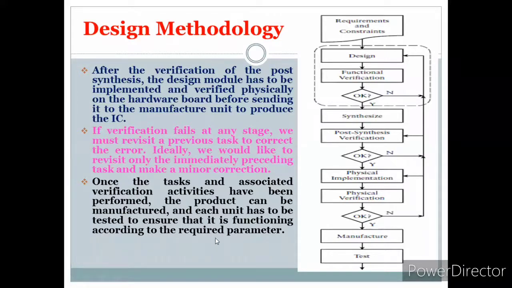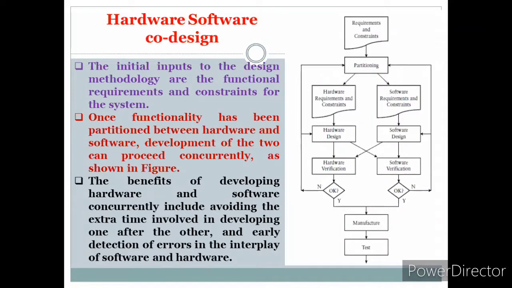In this hardware software co-design, we can easily observe that the steps are the same: requirements and constraints at the start, and testing at the last. In between, we divide the design into two parts, a hardware part and a software part, where we concentrate on parallel design.